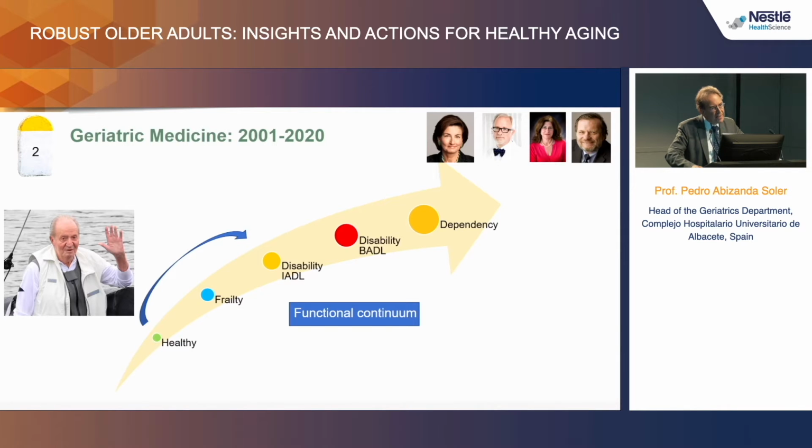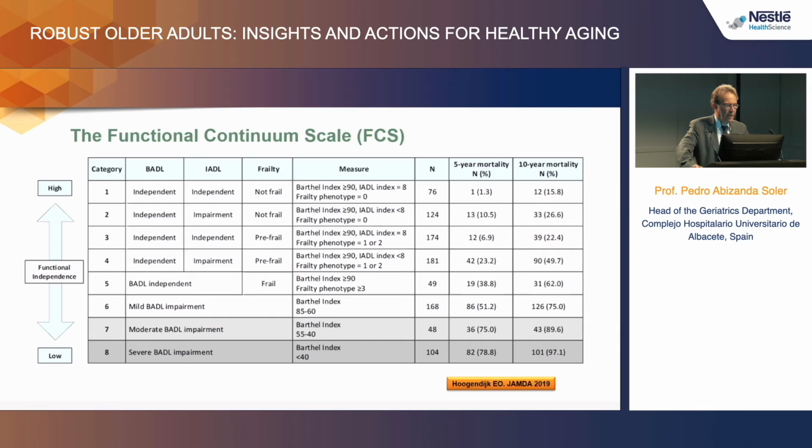Our group has worked in the past 10 years on frailty, and I think this is the best publication we did, because we constructed a new scale that we named the Functional Continuum Scale. Here I present it to you, that can categorize every older adult under a different category from 1 to 8.